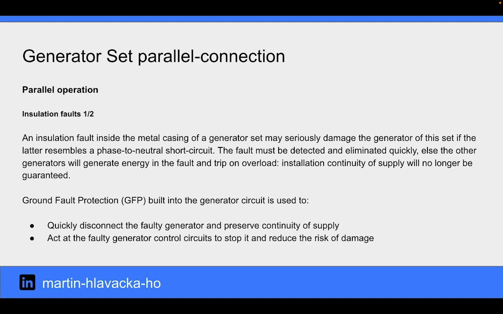Ground fault protection built into the generator circuit is used to quickly disconnect the faulty generator and preserve the continuity of the supply, and act on the faulty generator control circuits to stop it and reduce the risk of damage.